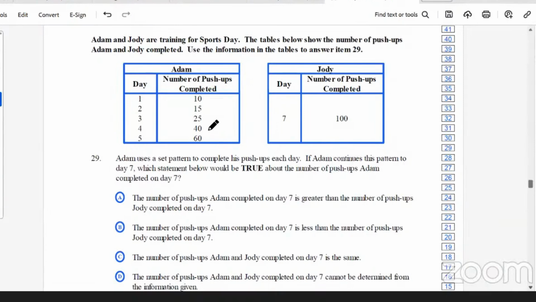So if on day 5 he completed 60, to continue the pattern, then for day 6 it would have been 25 added. So then it would have been 85.